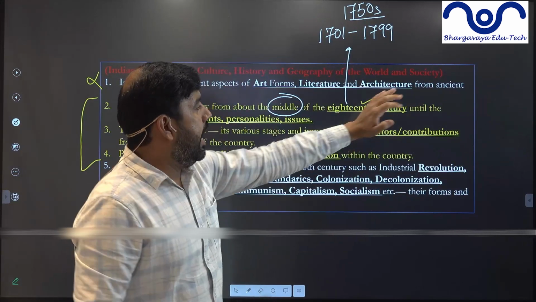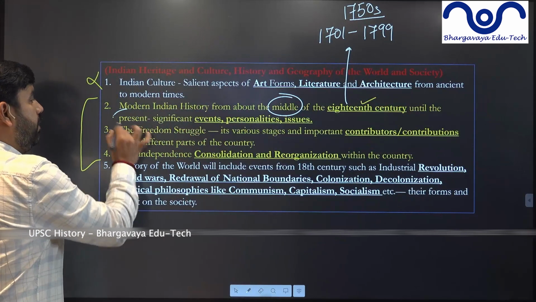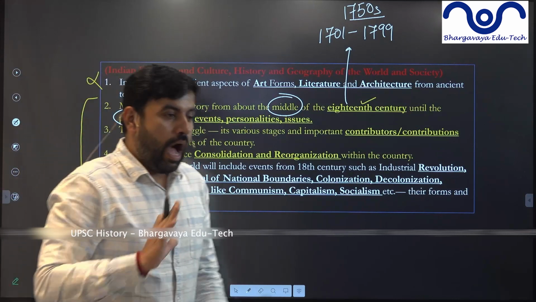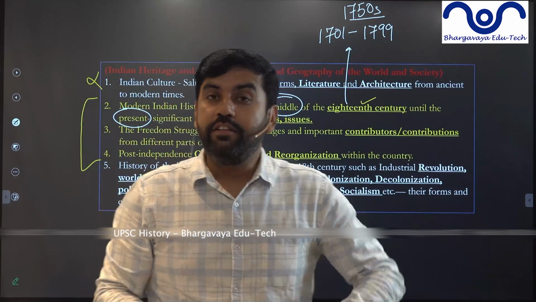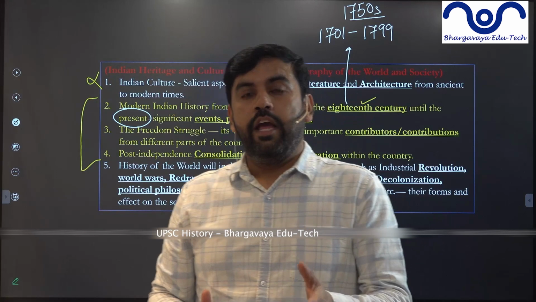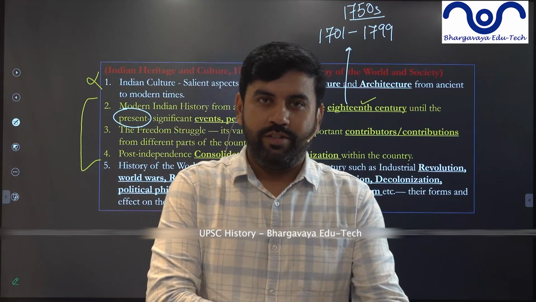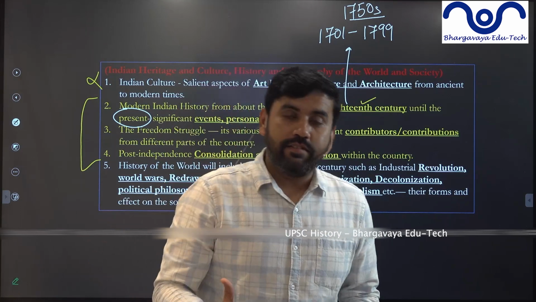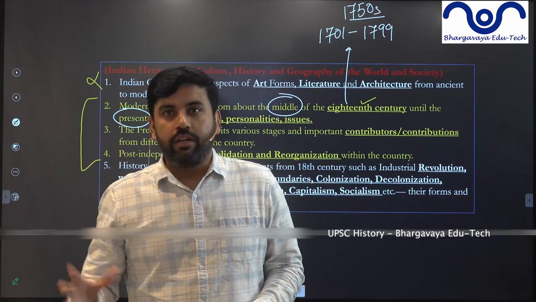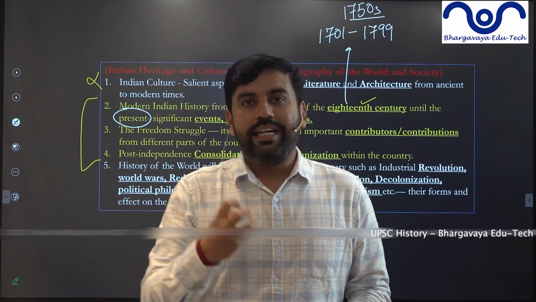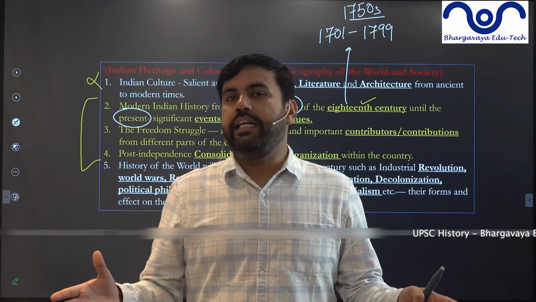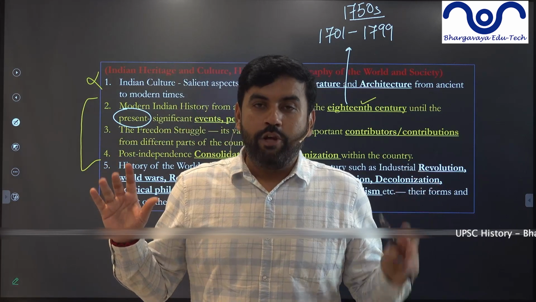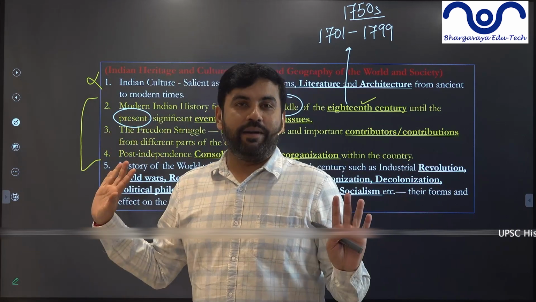Until present. Now the present could be anything, but how to identify what is present? Present can only be identified if you know the PYQs. So it is my duty. I've been paid for that. So we have done analysis for that, and we have come across a conclusion that modern Indian history actually ends with India's independence. So this present is actually India's independence.